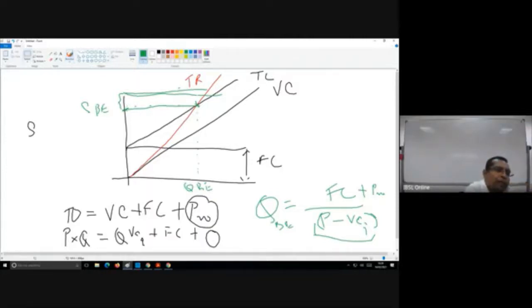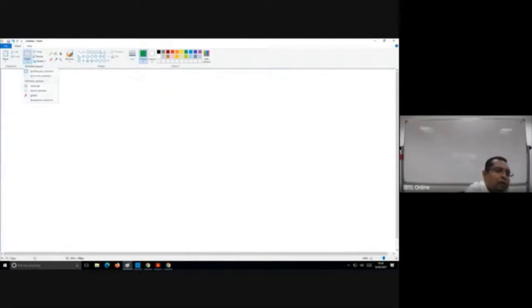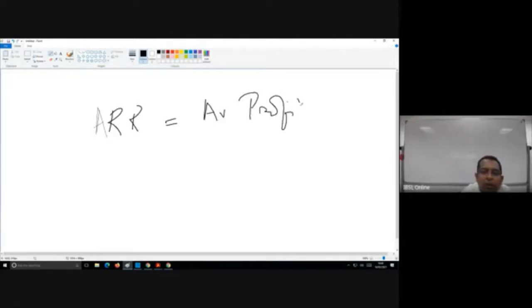Then we went on to discuss accounting rate of return, which is equal to average profit divided by average investment, right?